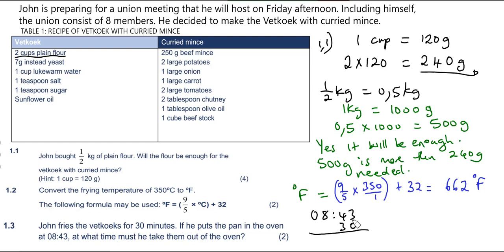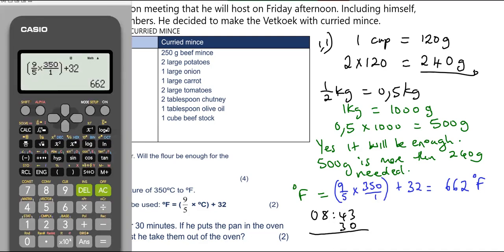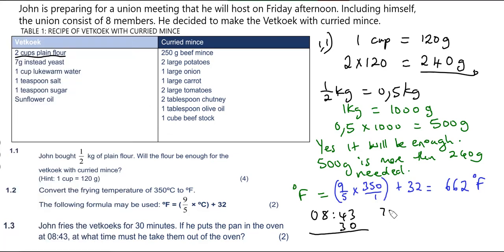So 43 plus 30 gives you 73, and 73 minutes is 1 hour, 13 minutes. So here you add 1 hour and you'll be left with 13 minutes. So it's going to be 09:13. Our time will be 13 past 9. That should be the answer.